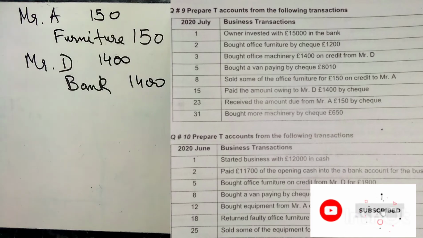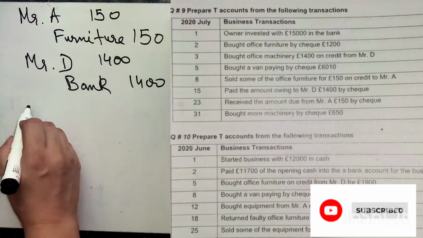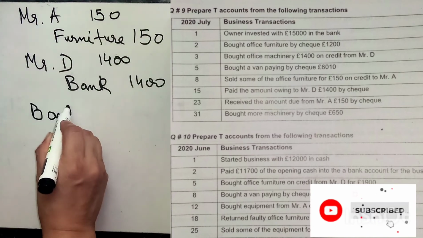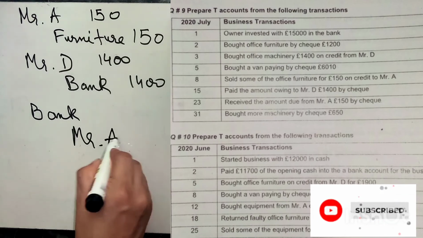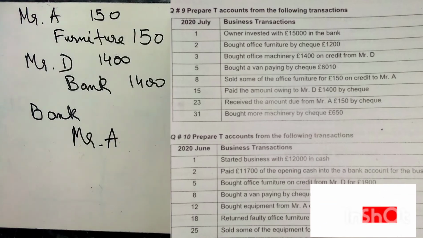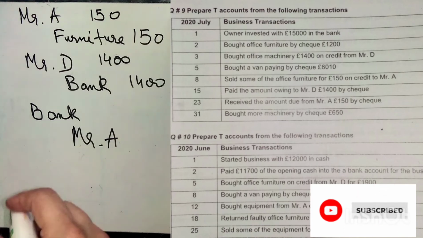Then comes receive the amount due from Mr. A, 150 by check, bank to Mr. A. And the last one, on 31st July, bought more machinery by check, 650.